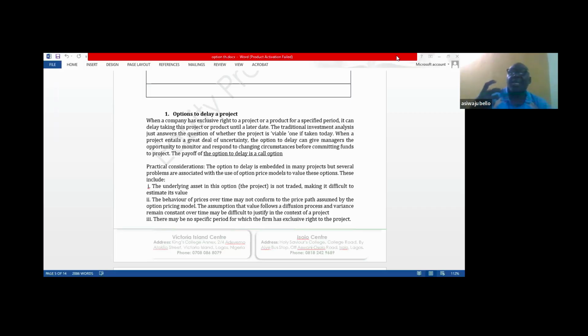Option theory allows us to value financial flexibility. We can delay the projects for some years to take advantage of exclusive patent rights.